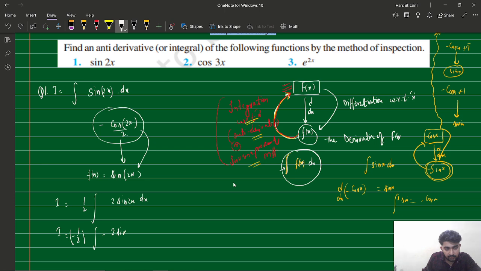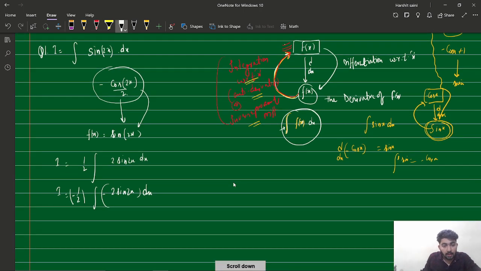minus 2 sine 2x dx. Now you can see that if you differentiate cos 2x, d by dx of cos 2x is minus 2 sin 2x. Clear?